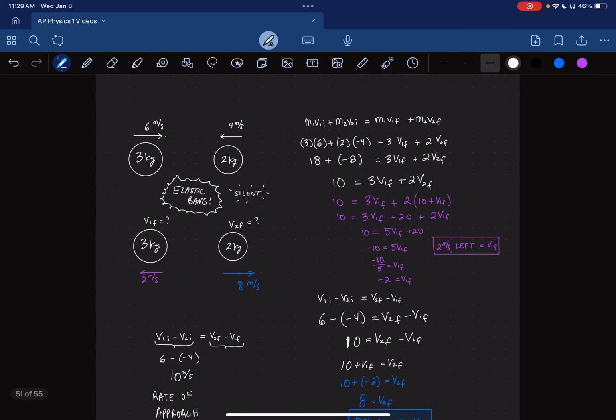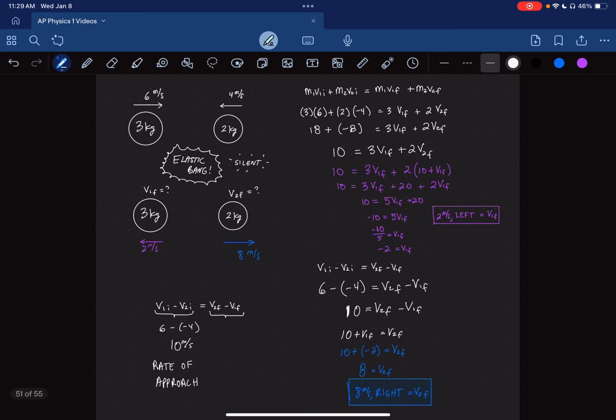Right? So this one's moving at 6 meters per second this way, and this one's moving at 4 meters per second. They are getting closer, closing the gap at 10 meters every second. Cool. Over here, we have 8 minus a negative 2, which is also 10 meters per second. And so what does that mean here?